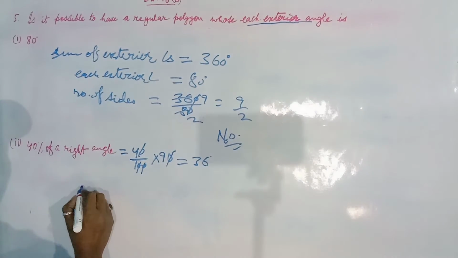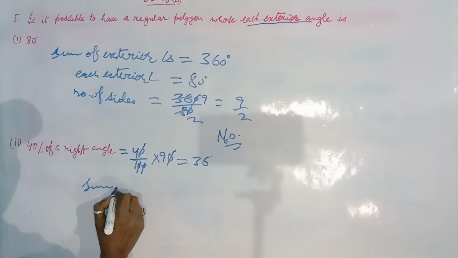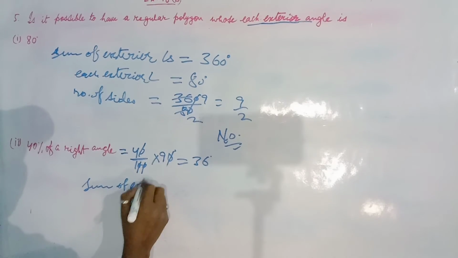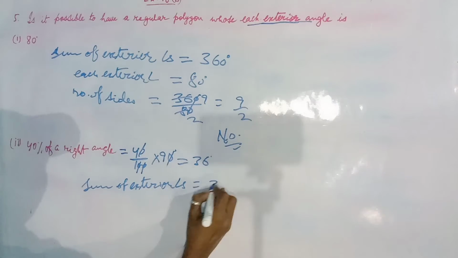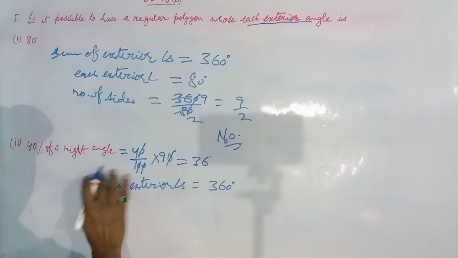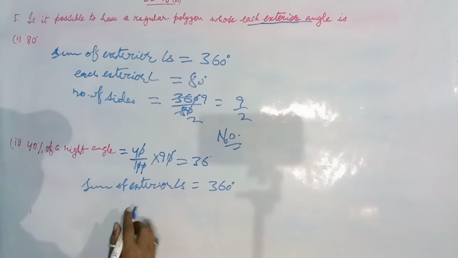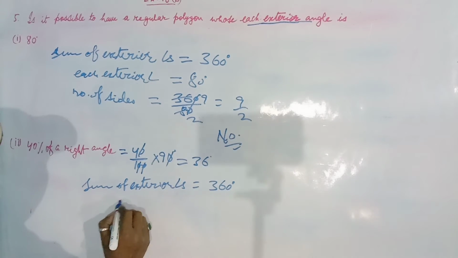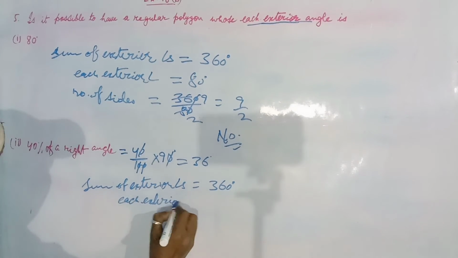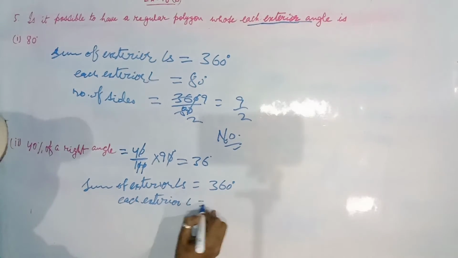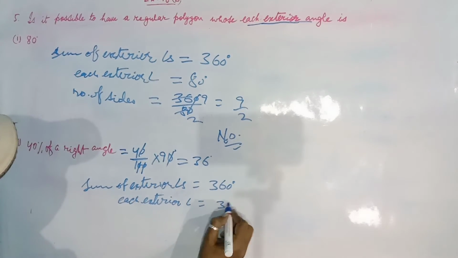Now once again we will find, as we know, the sum of exterior angles is equal to 360 degrees, and each exterior angle is given. We have found each exterior angle, we have found 36.